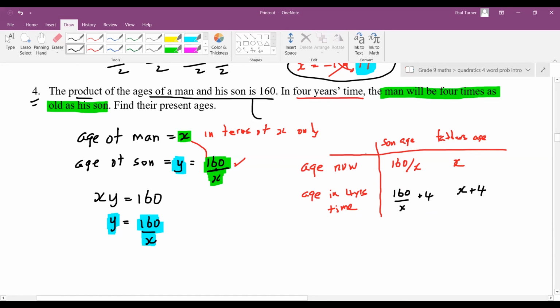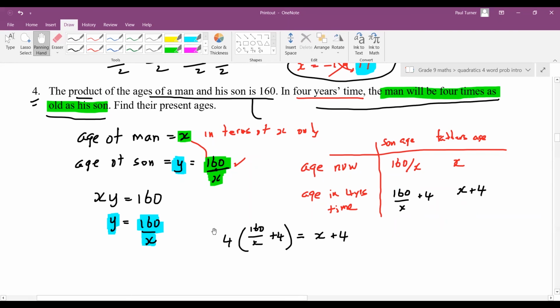So the important part now is that in 4 years' time, the man will be 4 times as old as his son. So that means if we multiply the son by 4, we'll get the father's age. So 4 times 160 on x plus 4 equals x plus 4.